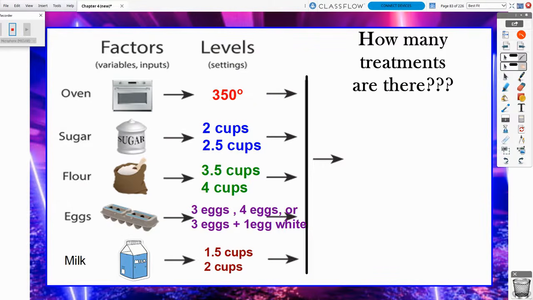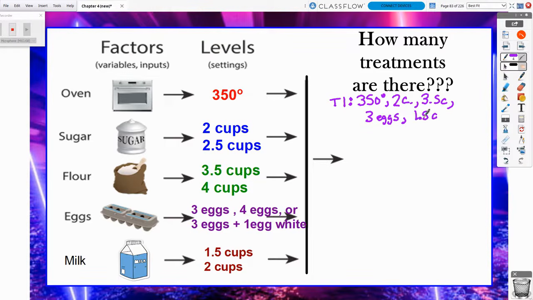To determine how many total treatments there are, we're going to have to really think about how all of these levels from all of these factors really are going to blend together here. So I'm going to start off with, let's say, treatment 1. And in treatment 1, we're going to obviously bake our cake at 350 degrees, but maybe we try the 2 cups of sugar with the 3.5 cups of flour, with the 3 full eggs, with a 1.5 cups of milk.